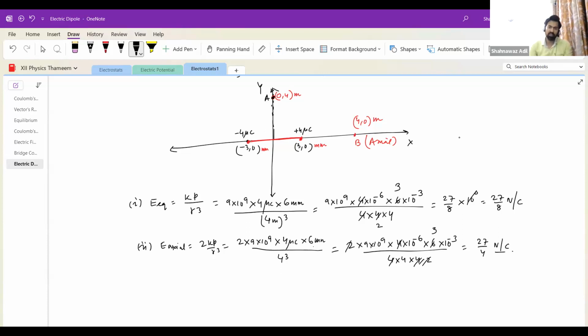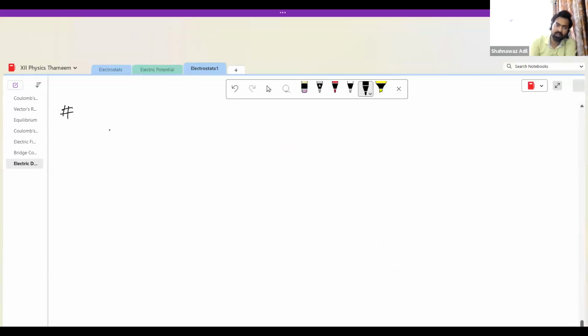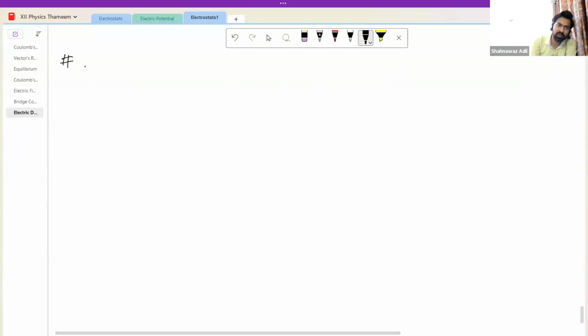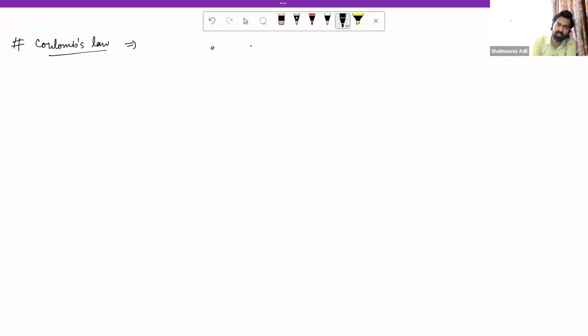Okay, so now let us understand the other topic. We have understood what Coulomb's law is, right? Yes, sir. If we have two charges Q1 and Q2, and the separation between them is r, then the force is simply k Q1 Q2 by r squared.